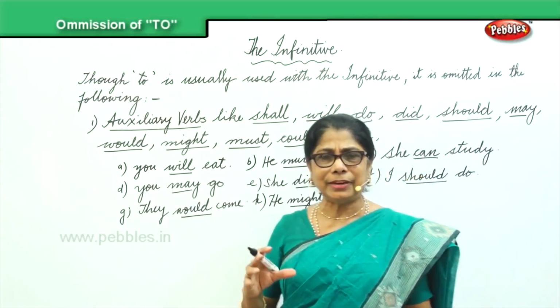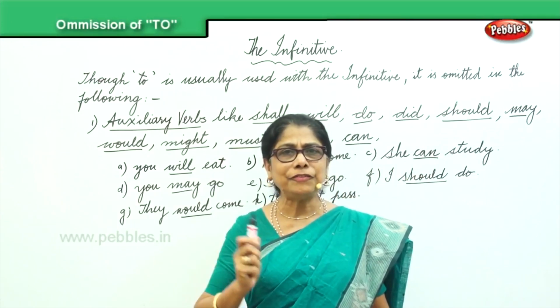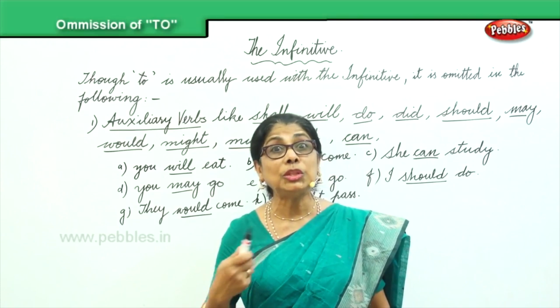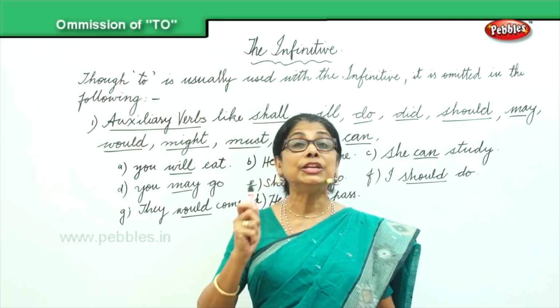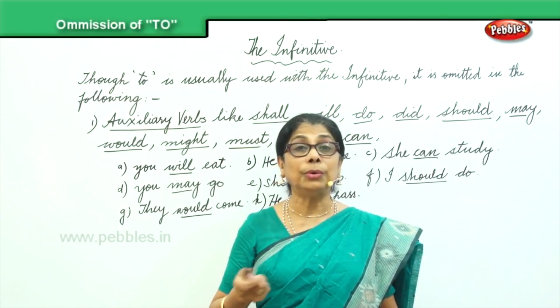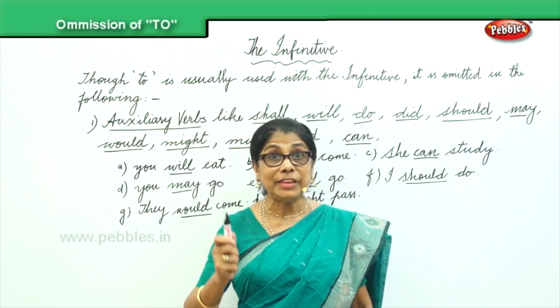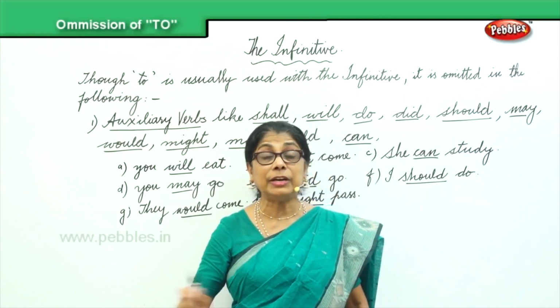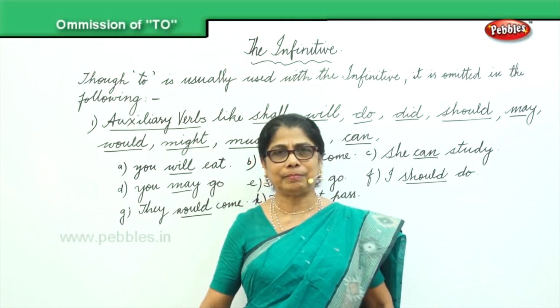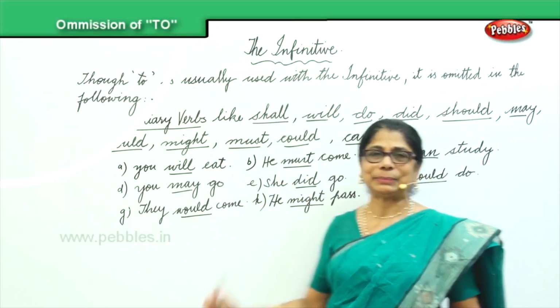Although in the infinitive, we form the infinitive with the word to the verb, like to come, to go, to dance, whatever. In the auxiliary verb, if we are using an auxiliary verb, we have to omit the to in forming the sentence.